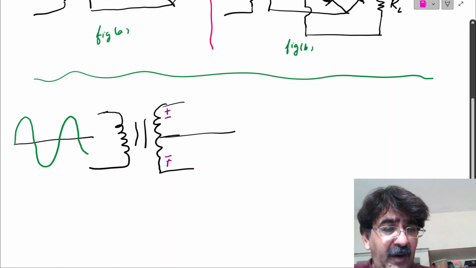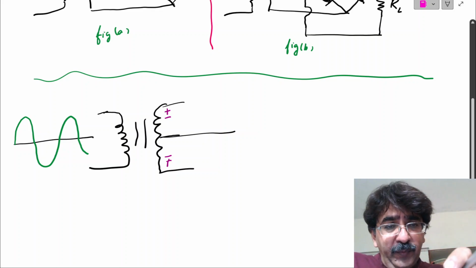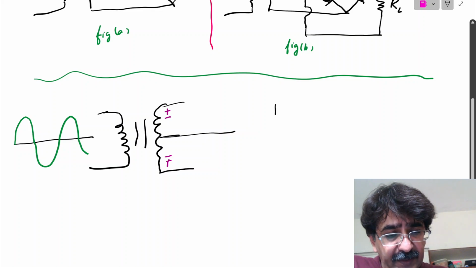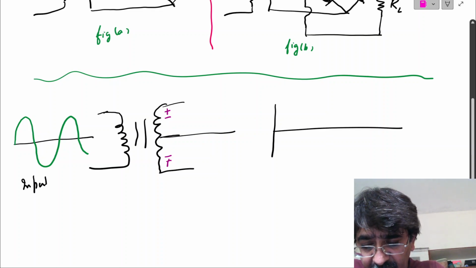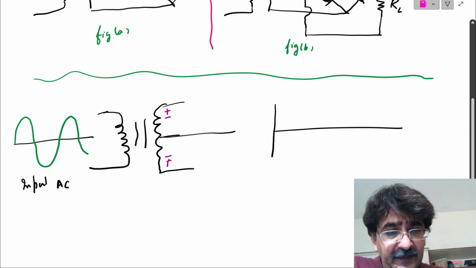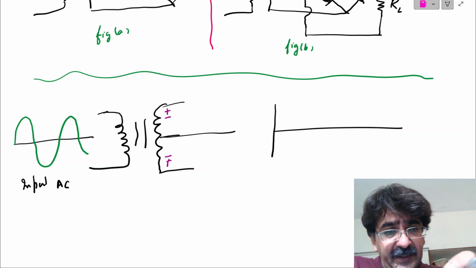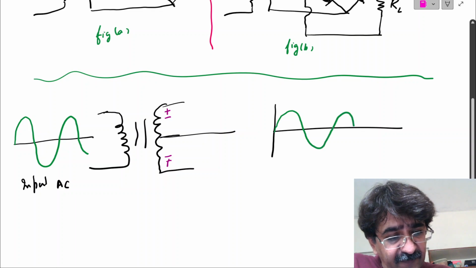Because it is dividing the input wave into two waves, the output wave at both terminals has less amplitude than the input wave.